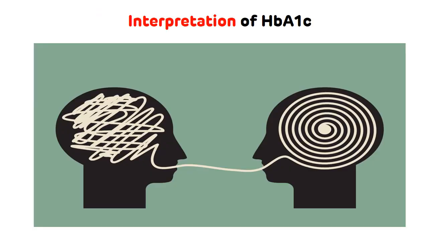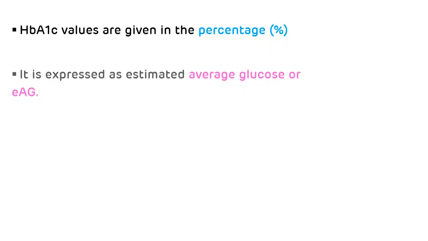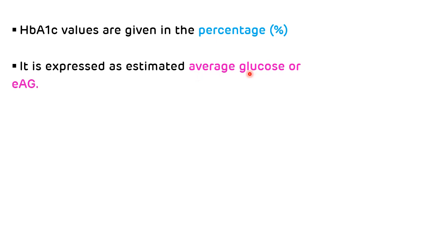Now interpretation of HbA1c. HbA1c values are given in percentage and it is also expressed as estimated average glucose or EAG. And the normal value of HbA1c is less than 5.5 percent.